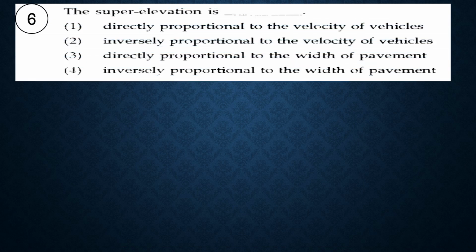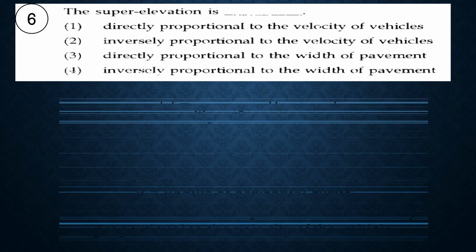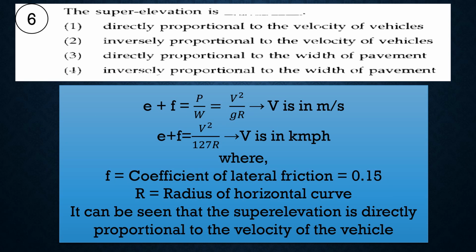Then question number 6: the super elevation is directly proportional to which criterion? Super elevation is represented by e, and the formula is e plus f equals P by W equals V squared by gR, if velocity is in meter per second.